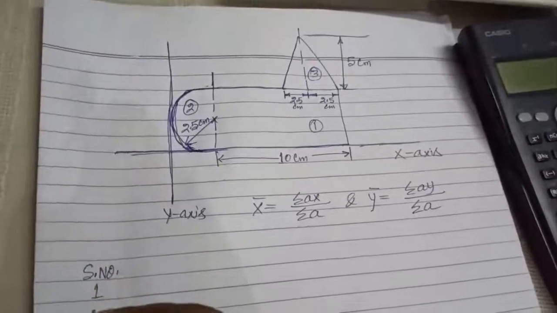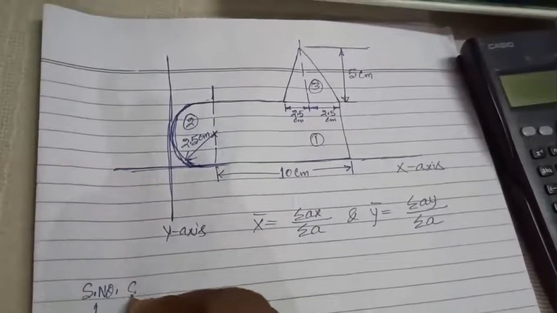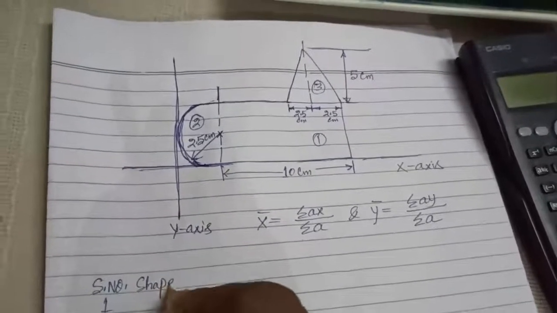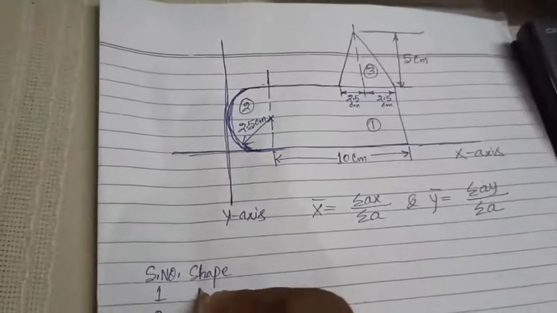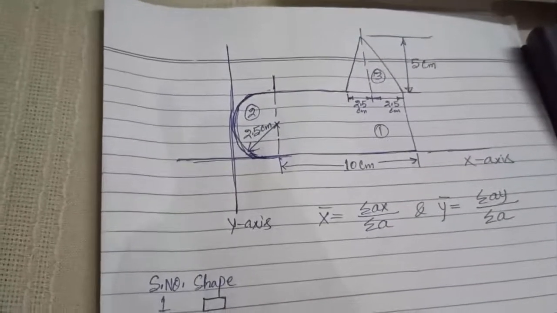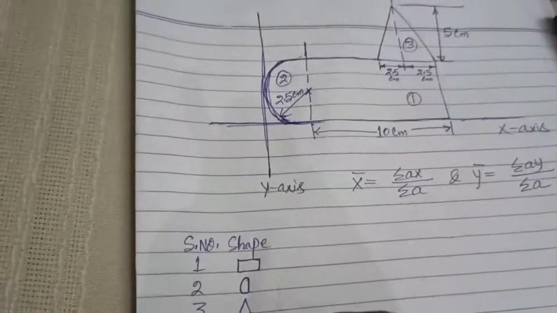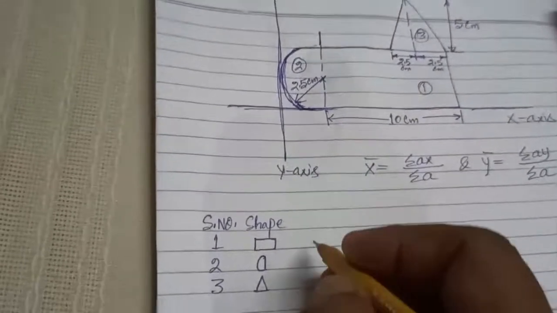Serial number 1, 2, 3, and then the figures. Shape is like this. First is the rectangle, second is the semicircle, and third one is the isosceles triangle.